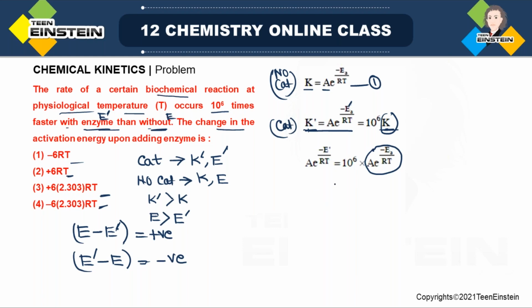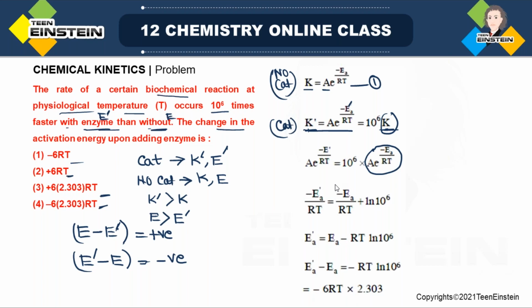And there are two exponential terms. After cancelling A, if we take ln, these two are related to each other by a multiplication sign, so ultimately it will be plus. So ln of 10 to the power 6, and the ln base is e, so the exponential terms will be cancelled.